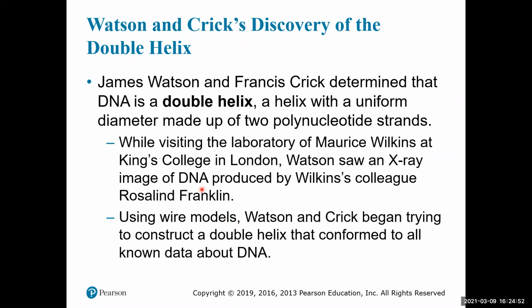Now, like I mentioned earlier at the beginning of this video, we really didn't understand the structure of the DNA molecule until about the mid-1900s, so around 1950, where work by James Watson and Francis Crick, along with data and previous information from Rosalind Franklin, led to Watson and Crick actually determining and figuring out the structural composition of DNA, and basically determining that DNA is a double helix or a double helical structure.